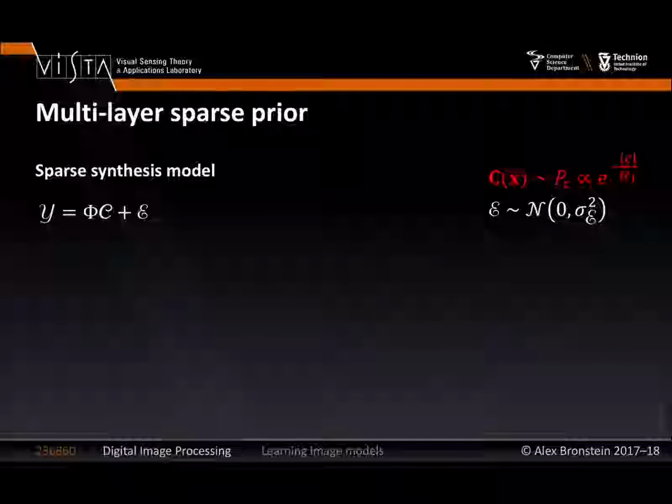Let's start with our basic sparse synthesis model. We assume that our observation y that we measure on the image was obtained by taking a set of coefficients c and synthesizing with them our latent signal f, and adding some white Gaussian noise with variance sigma e squared.